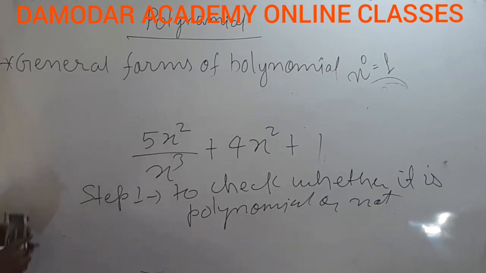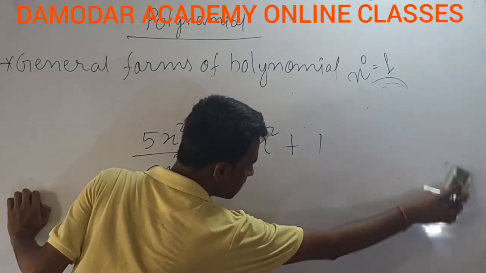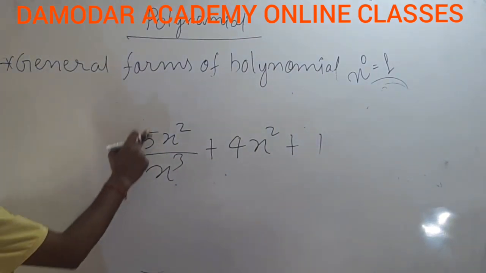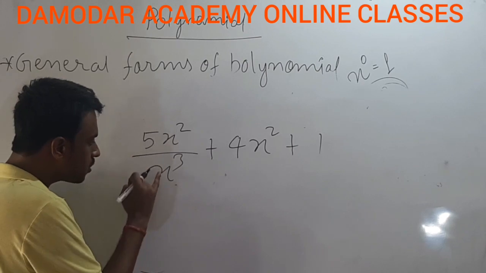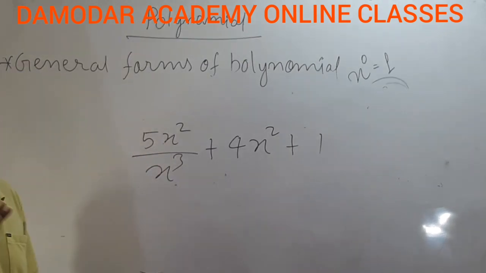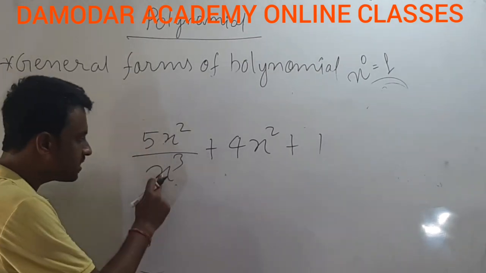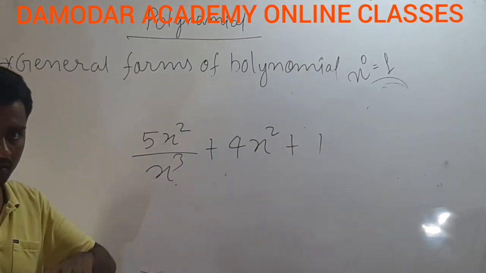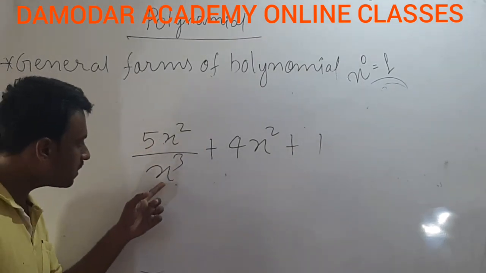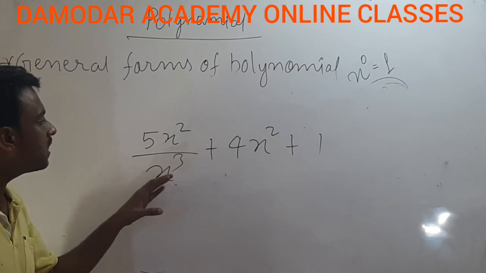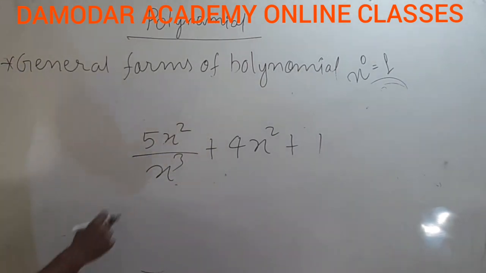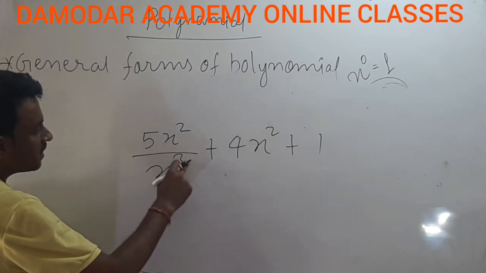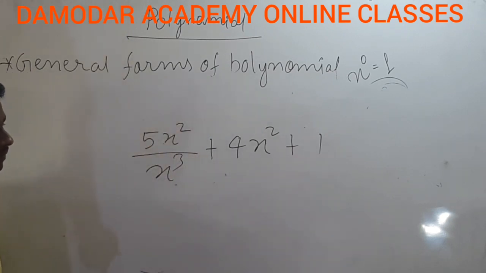Okay? What will we do? What I told you, when something is written in this form, first we check whether the bases of these two terms are the same or not. If the base is the same and the term is in division, then their powers will get subtracted. x raised to power 3 and x raised to power 2.